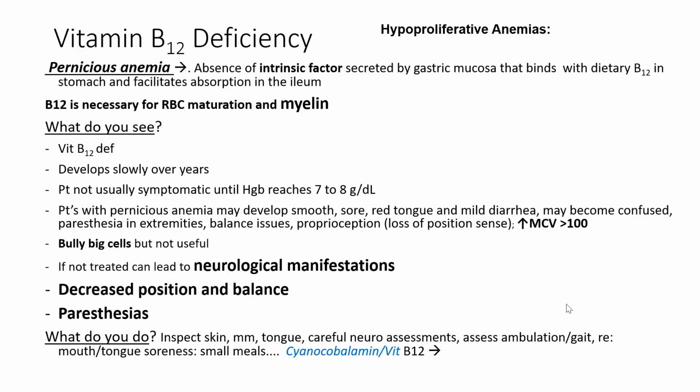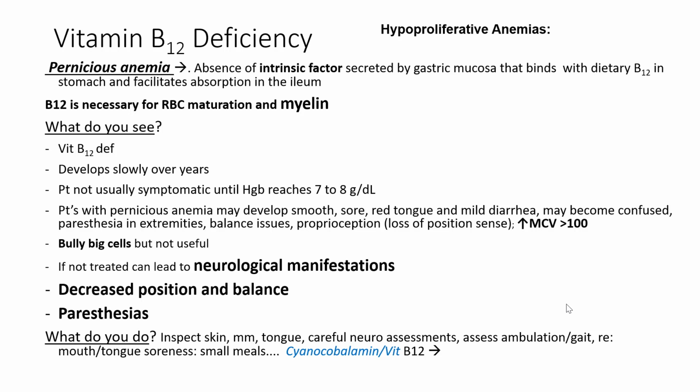Pernicious anemia or vitamin B12 anemia, unless a person has just had a gastrectomy, generally develops over years. Patients are usually not symptomatic until the hemoglobin reaches 7 to 8, which is just amazing when you think about that. Patients with pernicious anemia may develop that smooth, sore red tongue I told you about. There's also a neurological component to this disease if left untreated.